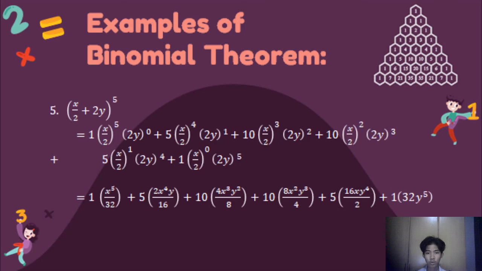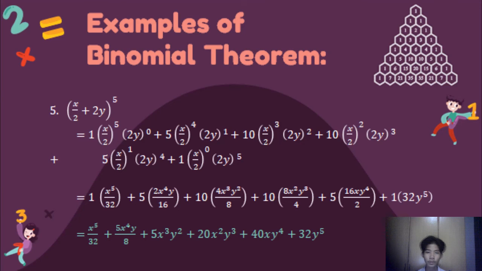Since it's a fraction, the exponent will be distributed to both the numerator and denominator. So it will be 1 quantity x raised to 5 over 32 plus 5 quantity 2x raised to 4 y all over 16 plus 10 quantity 4x cubed y squared all over 8 plus 10 quantity 8x squared y cubed all over 4 plus 5 quantity 16xy raised to 4 all over 2 plus 1 quantity 32y raised to 5.